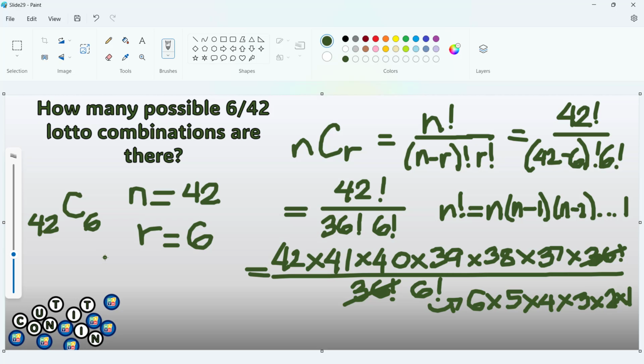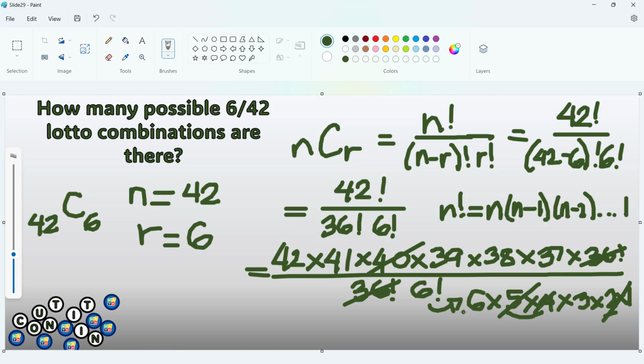I'm just presenting the process if you're not using your calculator. I have 5 times 4 here, which is 20, right? Times 2, that's 40. I could cancel this. Now I'm going to cancel 5, 4, and 2 here. Of course, 1 is as easy as it can be.